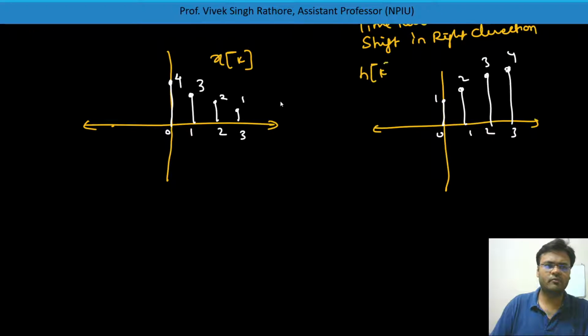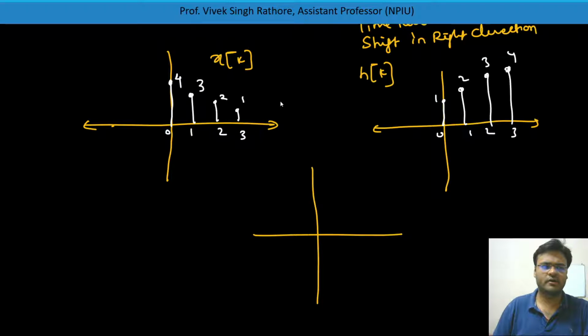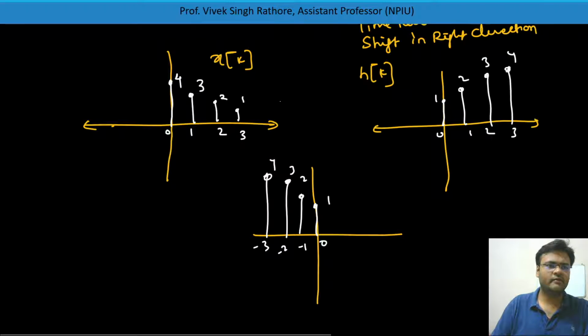Now you need to do h of minus k. We just need to time reverse it, just rotate across the y axis. So you'll get 1 here, 2 here, 3 here, and 4 here, at 0, minus 1, minus 2 and minus 3. Then you need to time shift.